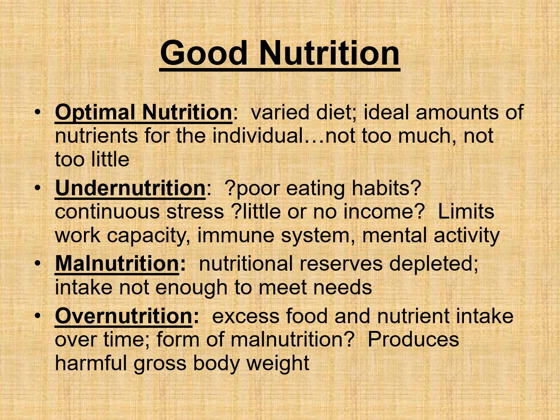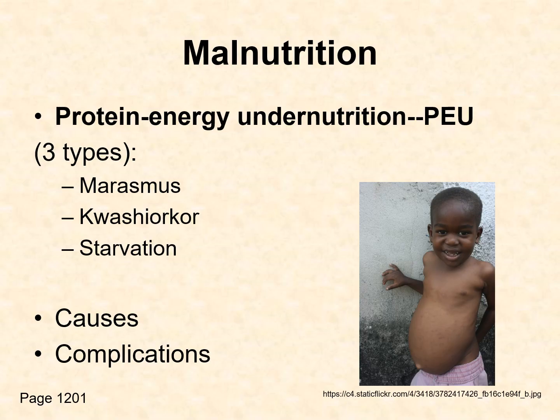Good nutrition. So here are some terminologies: optimal nutrition, undernutrition, malnutrition, and overnutrition. And just read through what those are. What I would like for you to know is protein energy undernutrition, and there are three types.